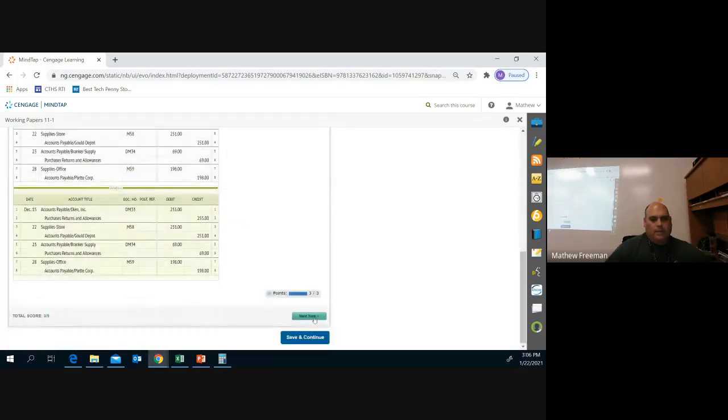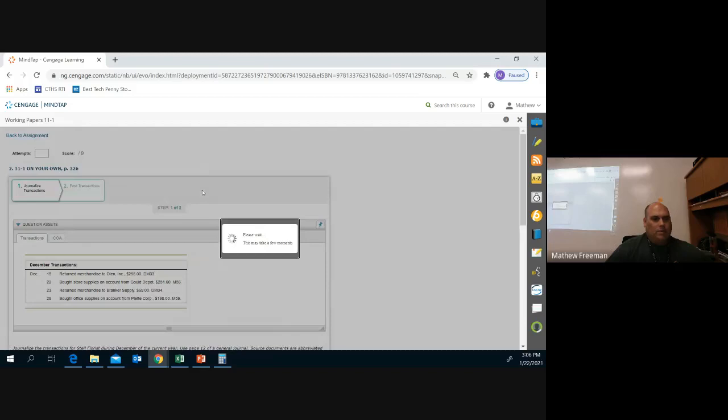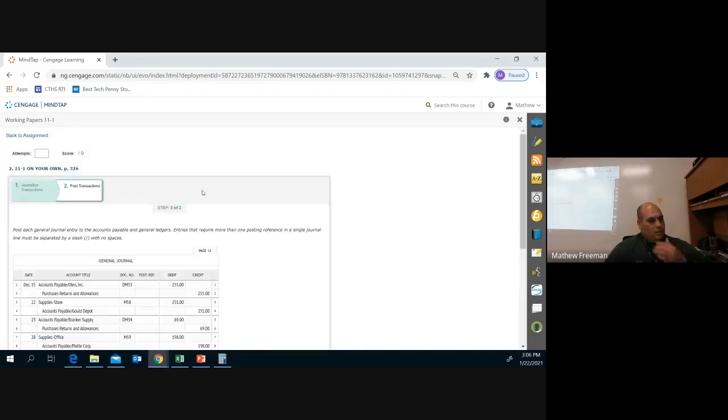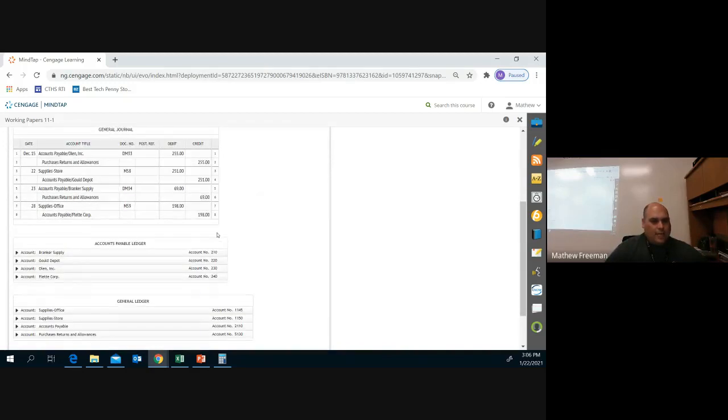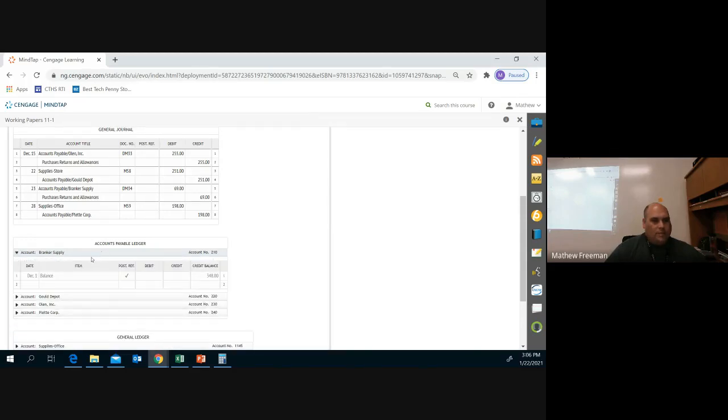Get everything right. Okay, we're going to post our transactions. So now we've got to get these transactions posted into the right accounts payable ledger. Let's look over here at Baker Supplies. We have Baker Supplies right here for accounts payable on the 23rd. We're going to put a post reference to the general journal page 12.